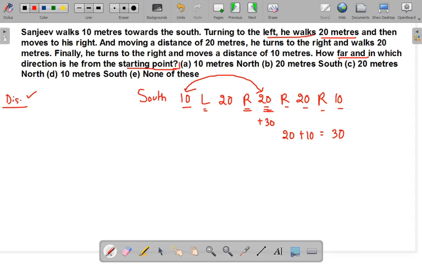But now you see there is a fifth value also. The first and fifth are R and R, so now you subtract these two. This will be 10 minus 30, which is minus 20. So the value of x is minus 20.